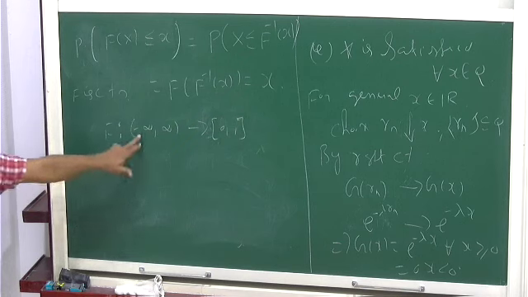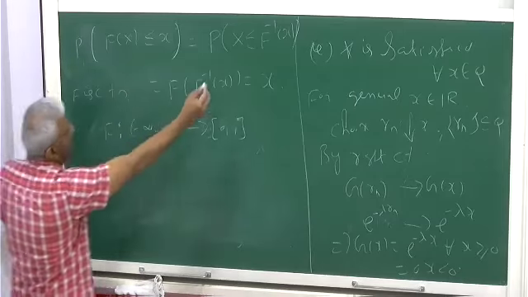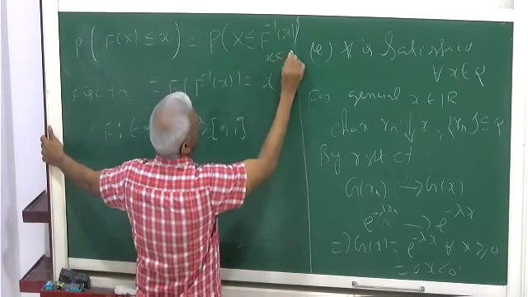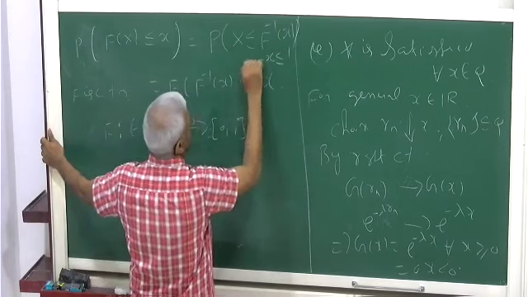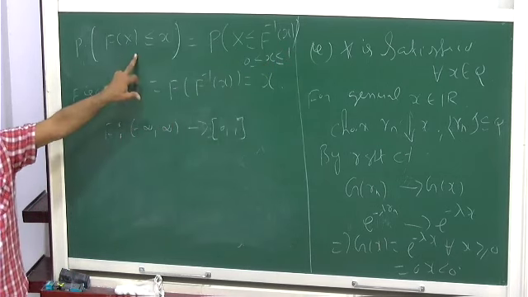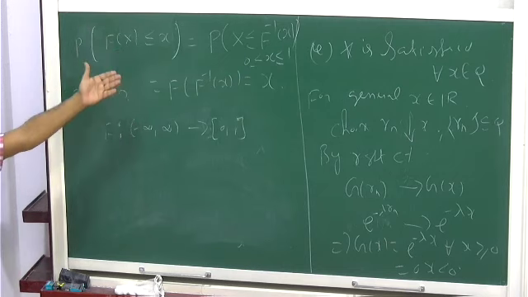It may not actually take the values 0 and 1, since the limits may be 0 and 1, but it still goes inside that interval. So this is for x between 0 and 1. Of course, if x is less than 0, F of X cannot be negative, so that will be 0. If x is greater than 1, that will be equal to 1.